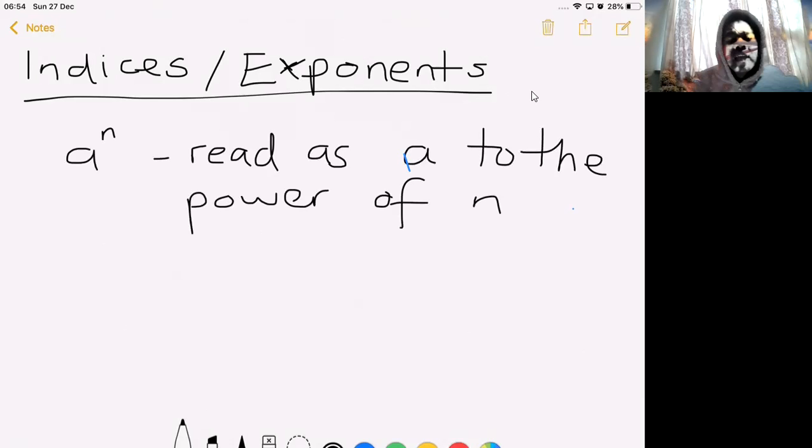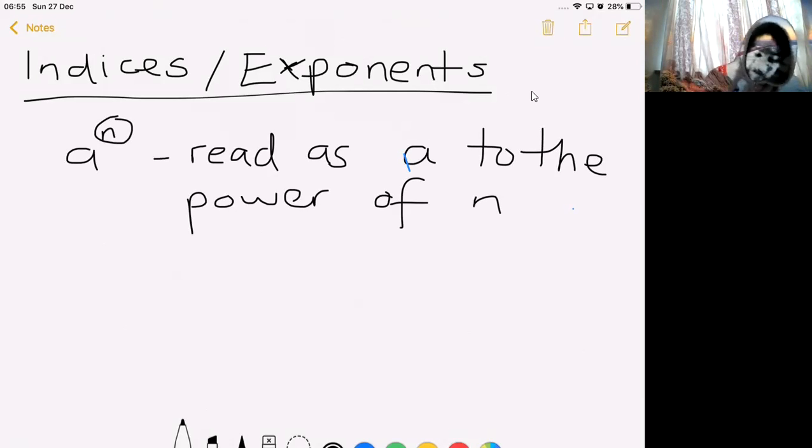That power, that n, is the one that shows that the number is in indices form or exponent form. But what is the meaning?